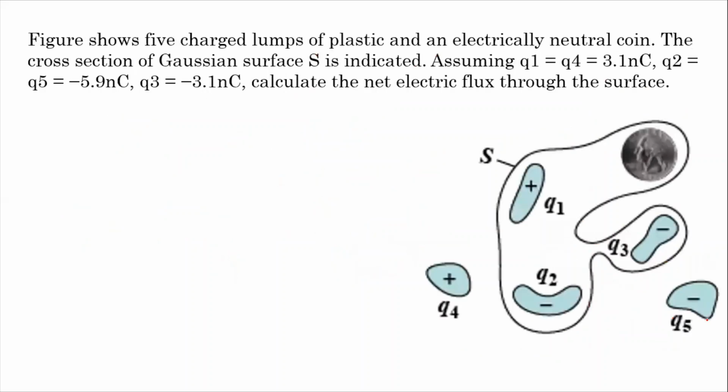Then the last question: the figure shows 5 charged lumps of plastic, and you also have an electrically neutral coin. The cross section of a Gaussian surface is indicated. What is the net electric flux through the surface? The values are given.